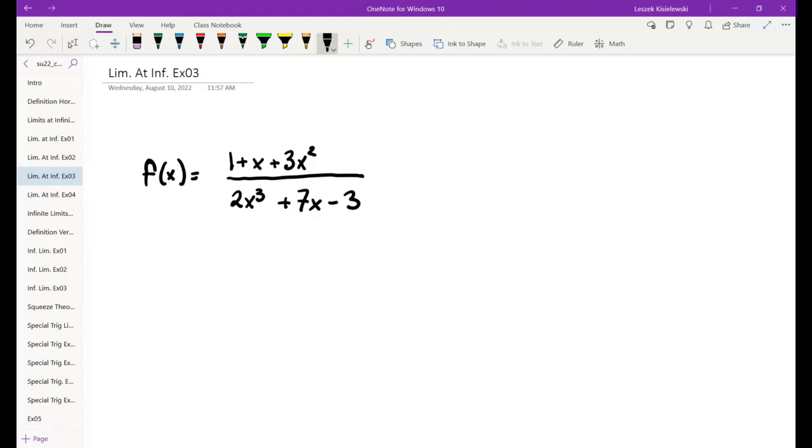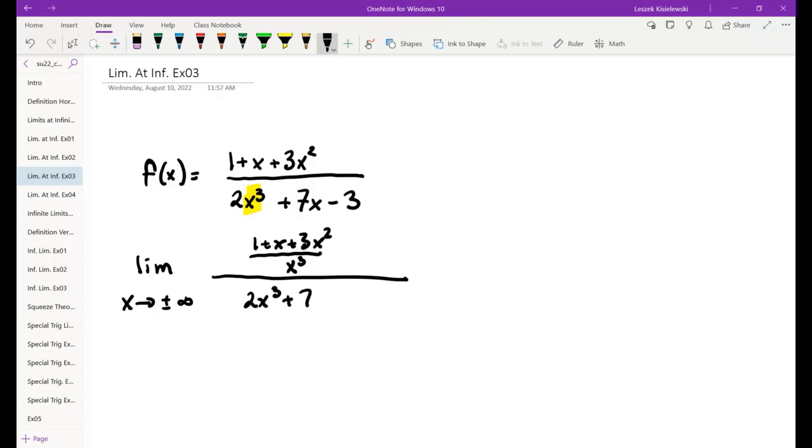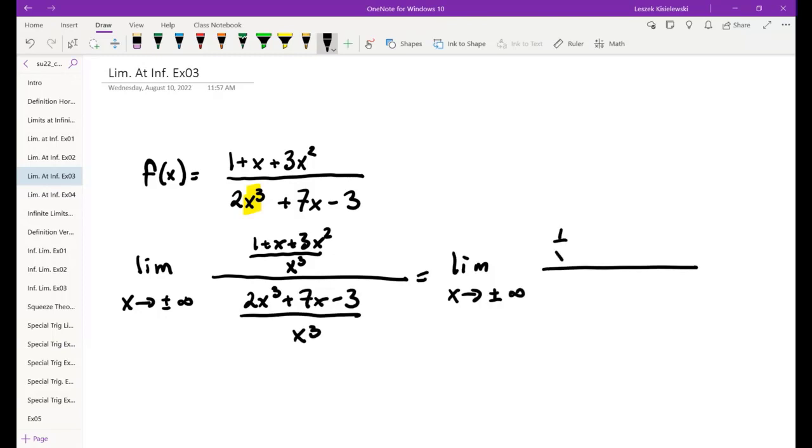So we are going to look for the highest power of x in the denominator, and here it won't matter whether we go to plus or minus infinity, so I'll just do both in one fell swoop. So the highest power of x in the denominator is x cubed. Okay, simplify the numerator and the denominator.